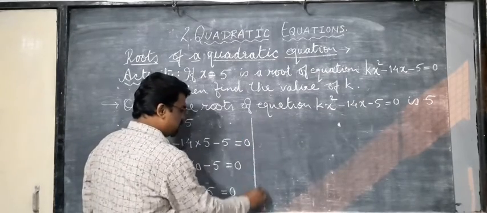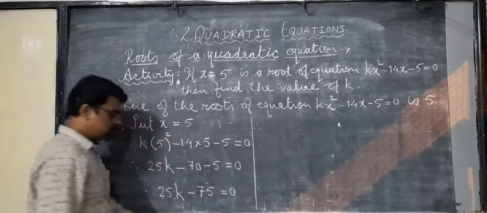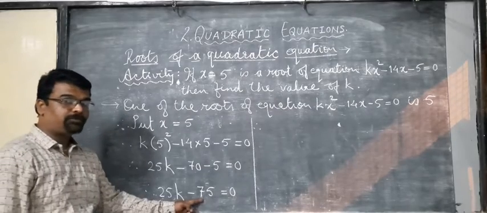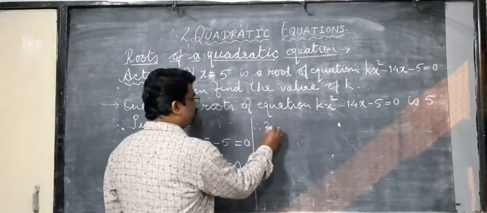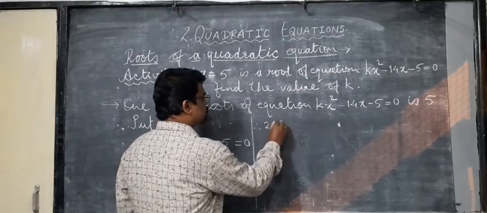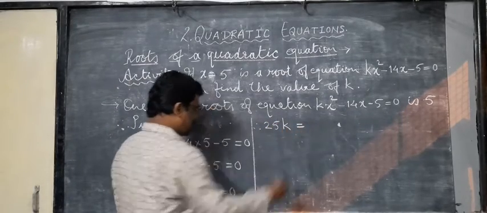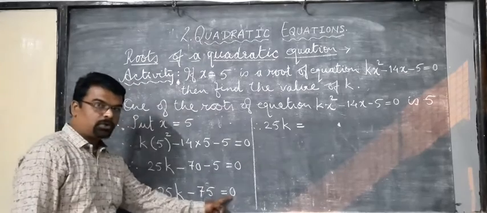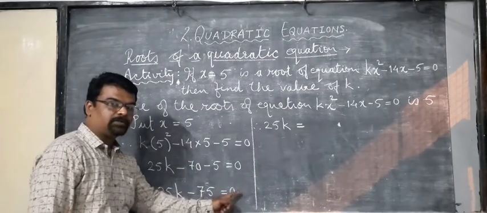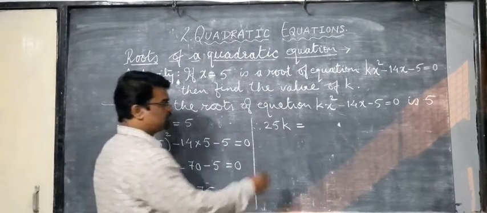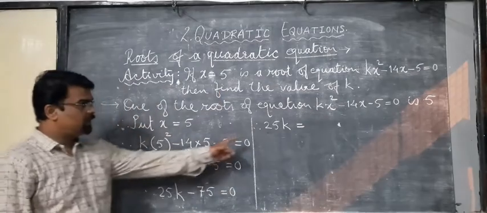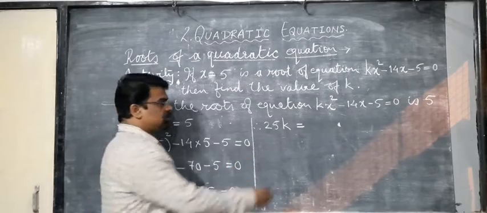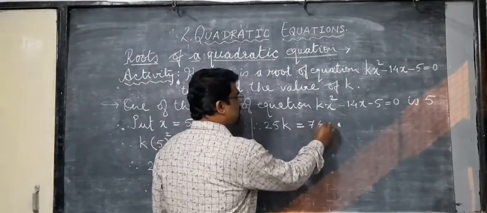Next step. Therefore, now this minus 75 will be shifted from left side to right hand side. So it will be 25k is equal to, now 0 plus 75, 75. So it will be 25k is equal to 75.